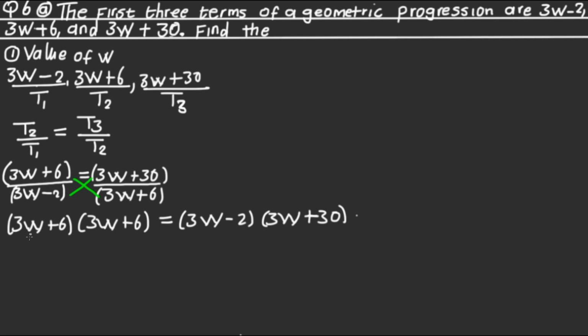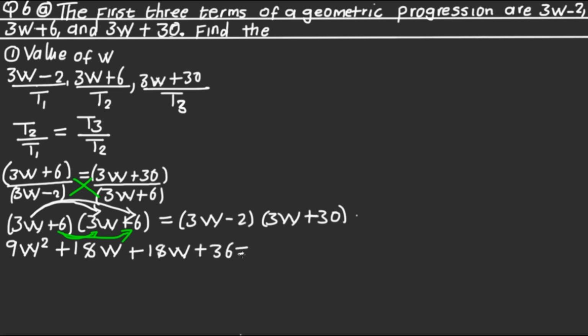Now we need to expand, so we are going to use the expansion from algebra. 3w will multiply with 3w, so 3 times 3 is 9, w times w, we have w squared. 3w multiplied by 6 will give us 18w. So we are done with the first part. The second part will be 6 times 3w, then 6 times 6. So 6 times 3w will give us 18w. 6 times 6 will give us 36. So we are done with the left side. We'll move on to the right side.